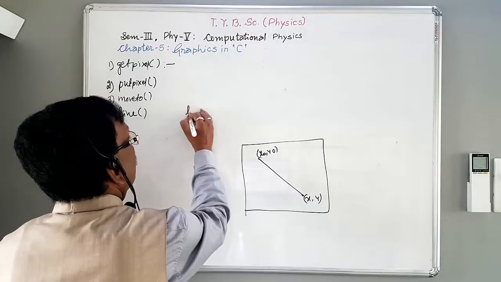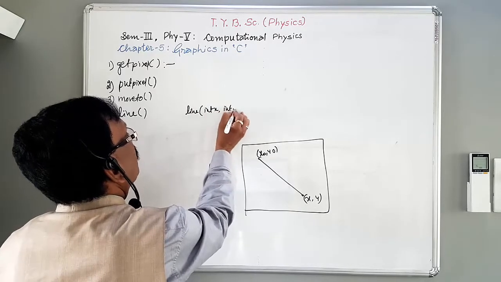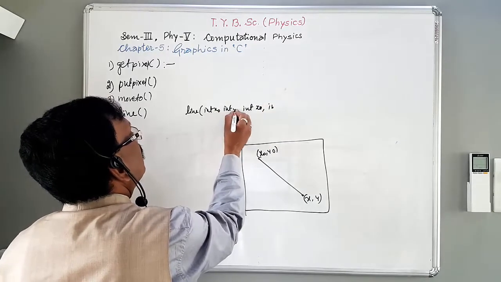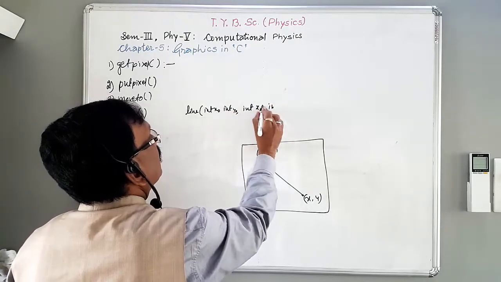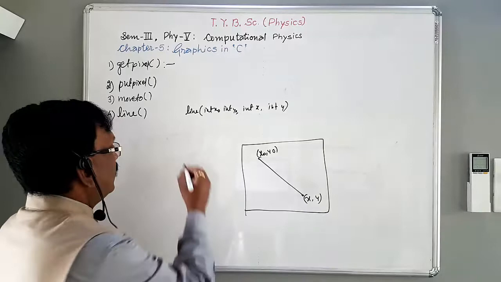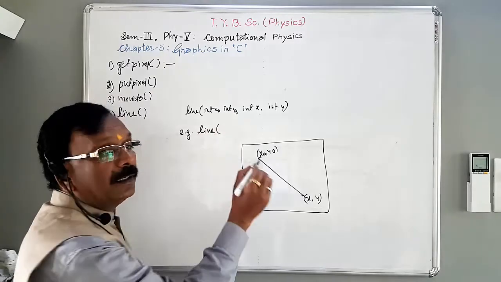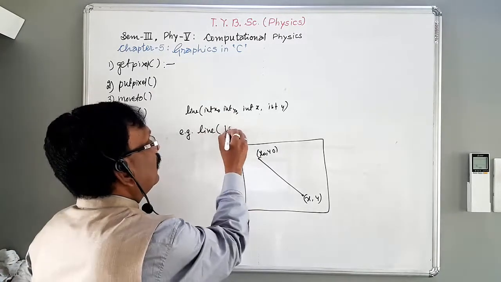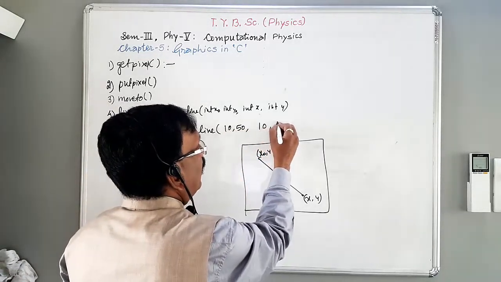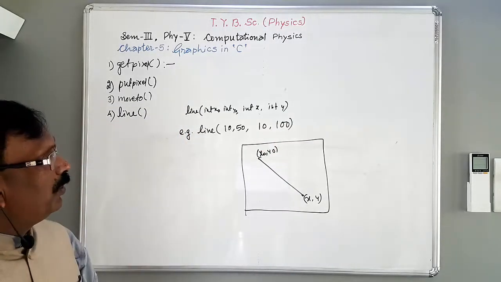The syntax is simply line is the keyword, integer x0, integer y0 and new integer x and integer y. Okay. For example, if we give the command like line 10, 50 and 10, 100, what will be the position of the line?